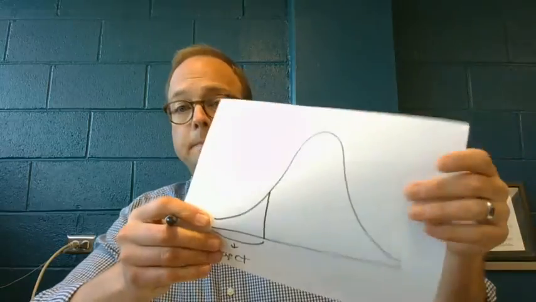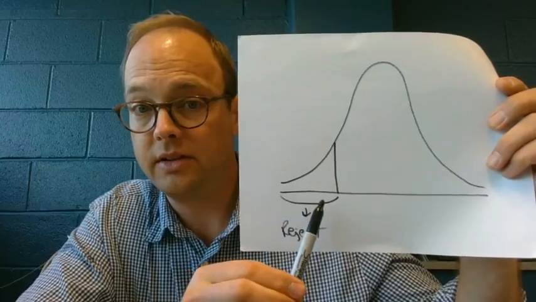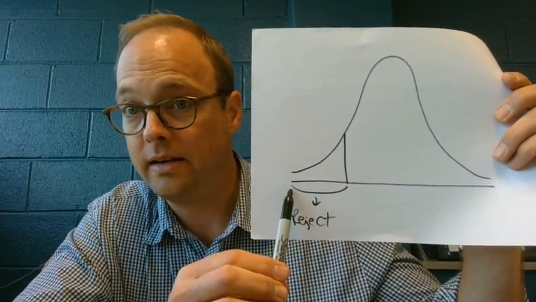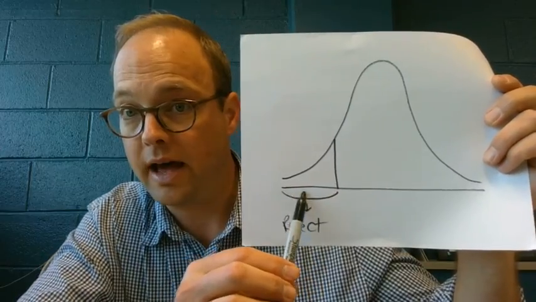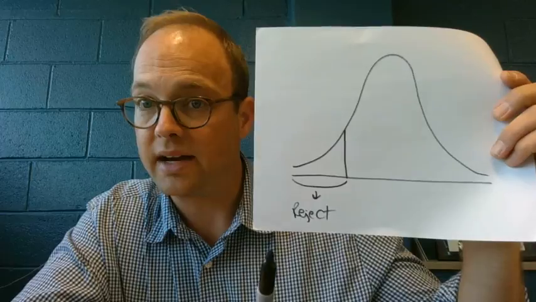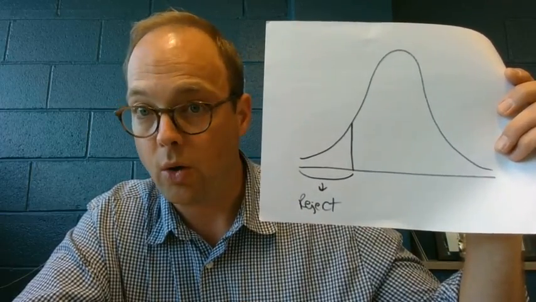In those instances, if your data-generated t-value falls in this portion on the left-hand side, in the critical region, the alpha region, the rejection region, you would reject the null hypothesis of equality or the null hypothesis of no difference.